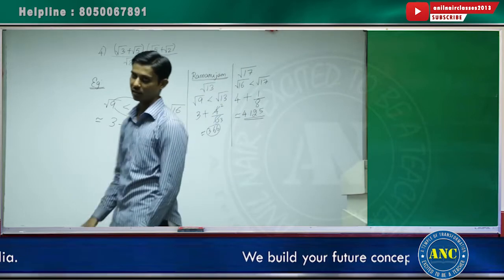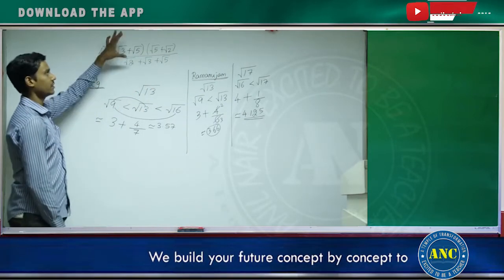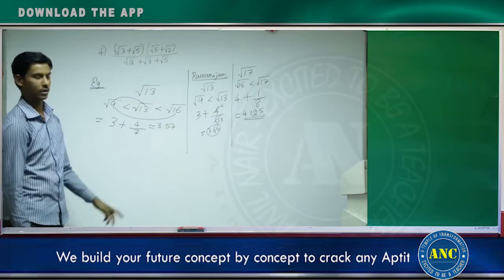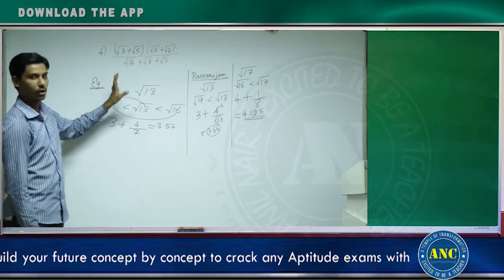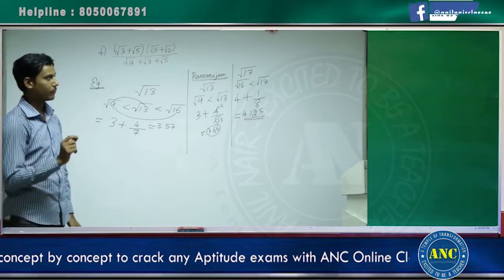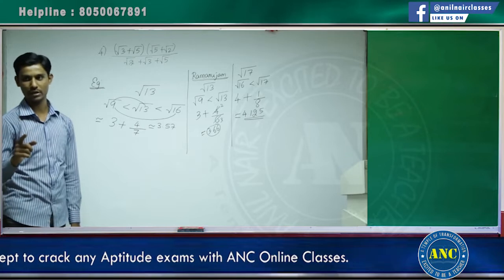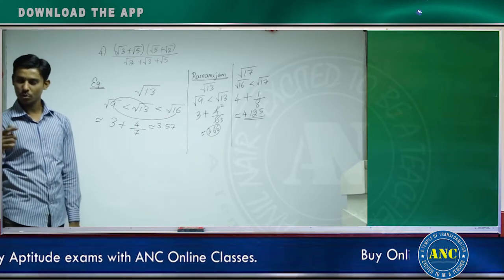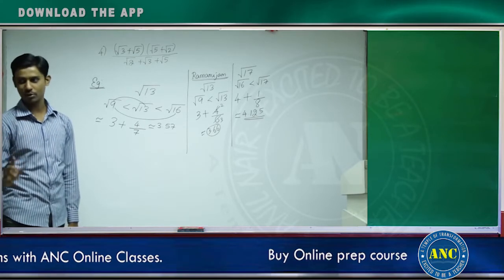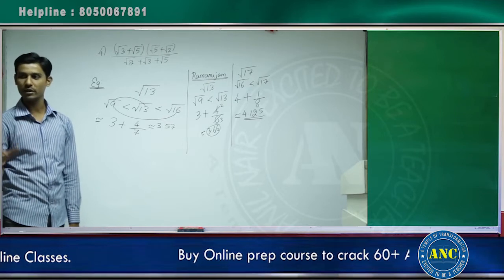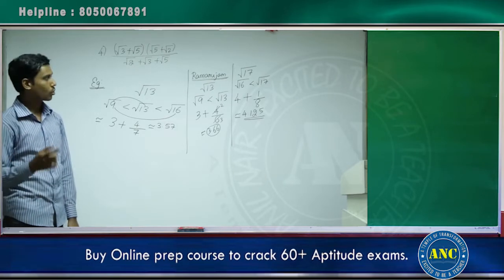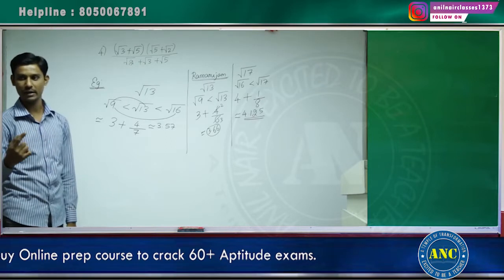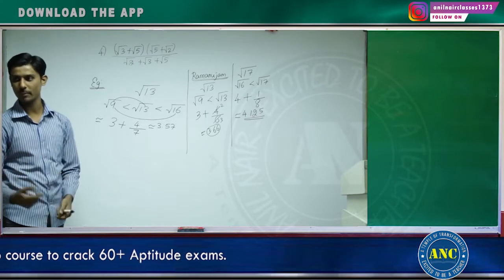Why I discussed this is, suppose any question involves surds, if you know the value till root 10, some problems will be easy. Root 1 you already know, root 2 also many know, root 3 also many of you know, root 4 is anyway a perfect square, then root 5, root 6, root 7, root 8, root 10, and root 9 is also a perfect square.